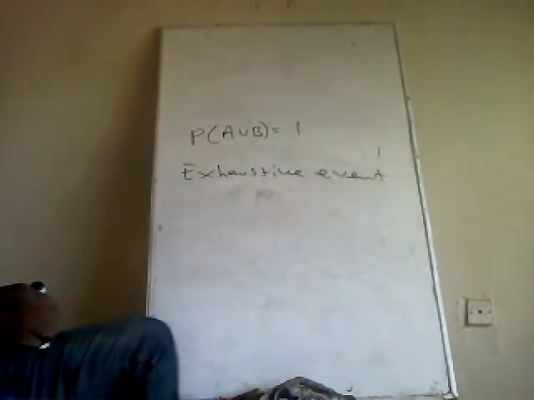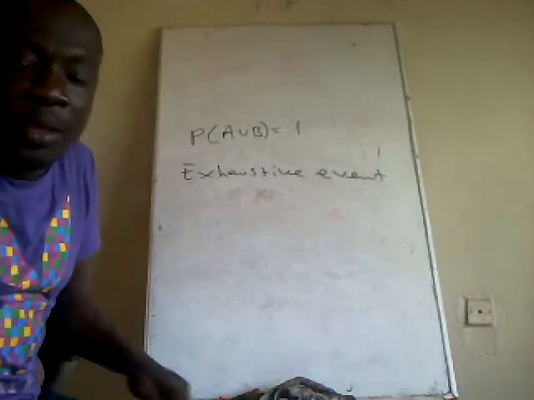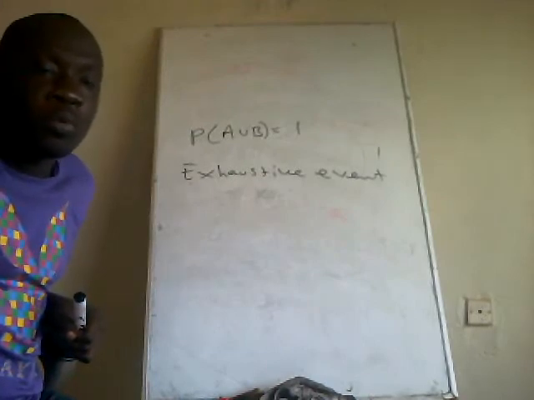So anytime you hear exhaustive event, or if two events are exhaustive, it means that the probability of A union B is equal to 1.